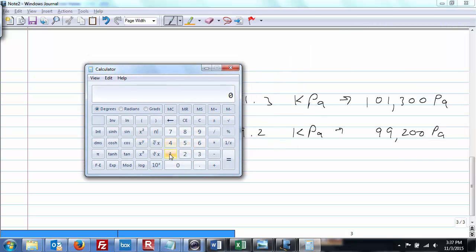So 101,300 minus 99,200 equals, divided by 101,300 equals, we're looking at about a 2% change in pressure.